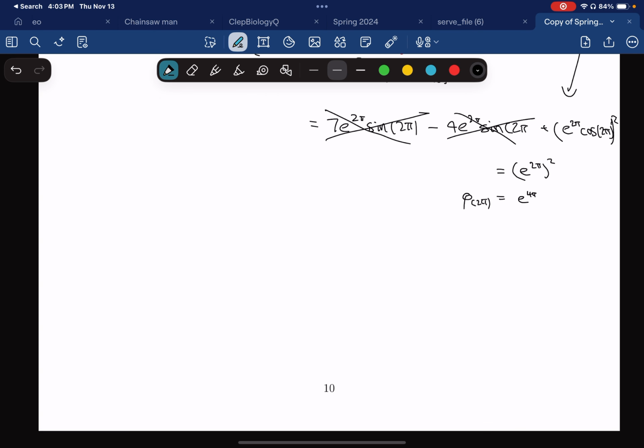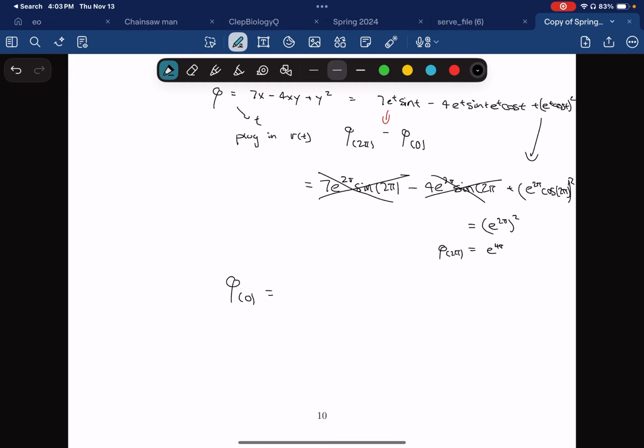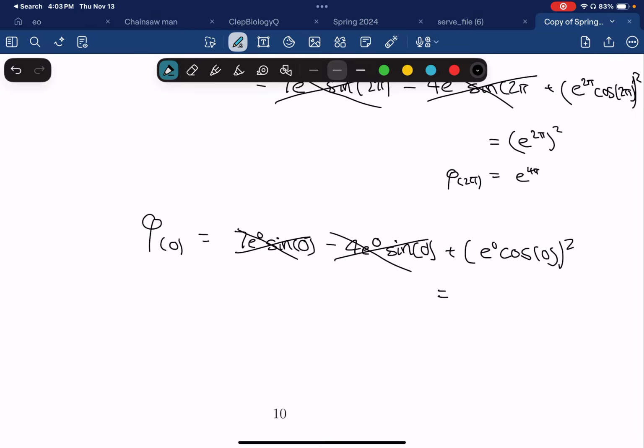Now let's solve the other one, the potential function at 0, which produces 7e to the 0 sine of 0, which is again nothing, minus 4e to the 0 sine of 0, which is again nothing, plus e to the 0 cosine of 0, all squared, which just gets you 1 squared, which is just 1.